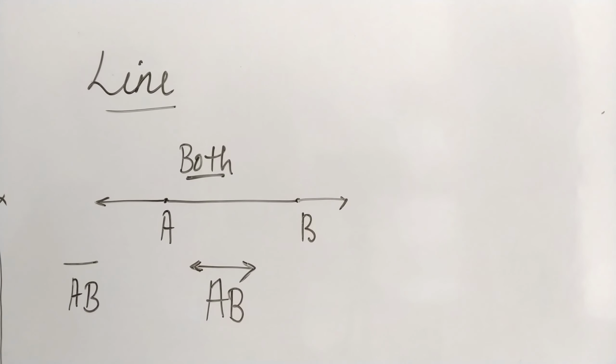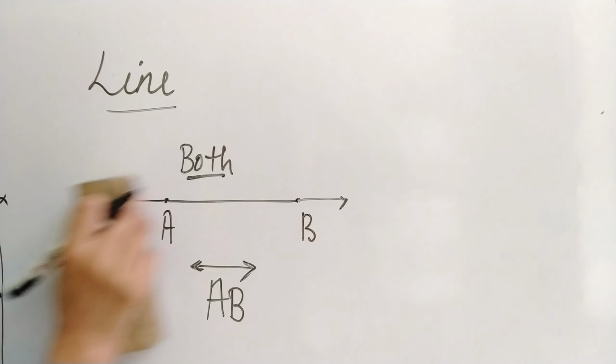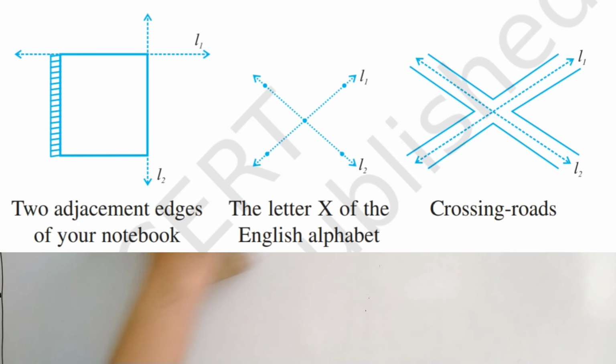Okay, now let us move ahead. The next term provided is intersecting lines. What are intersecting lines? What do we mean by intersect? Intersect means two things are crossing one another's way.